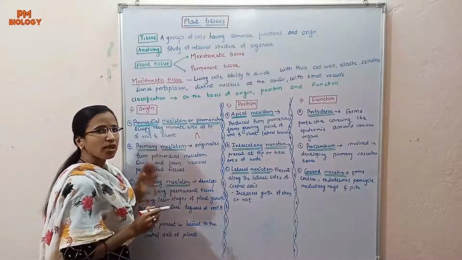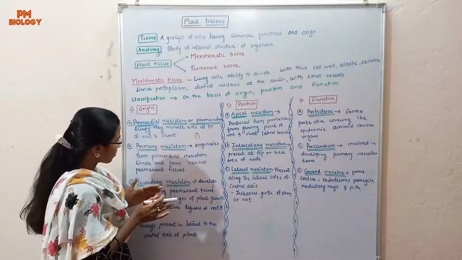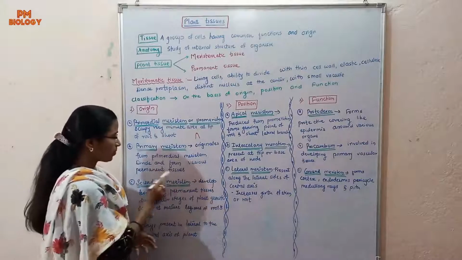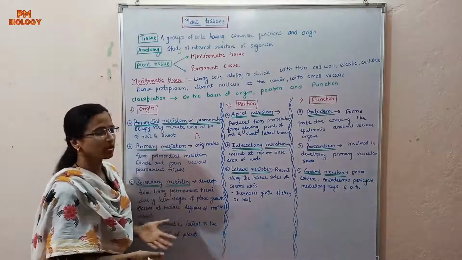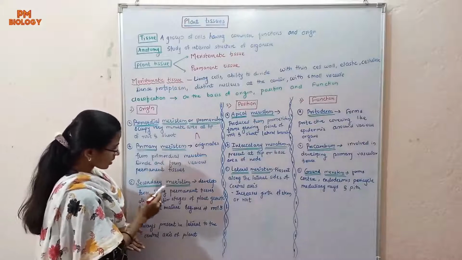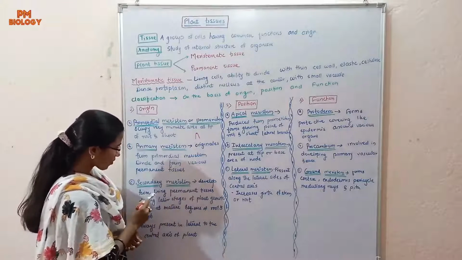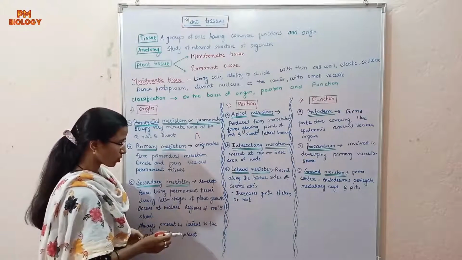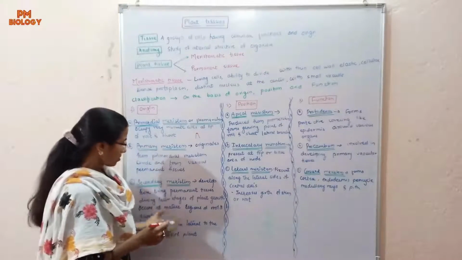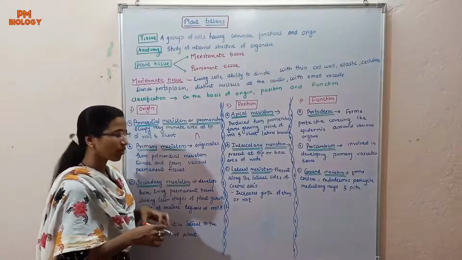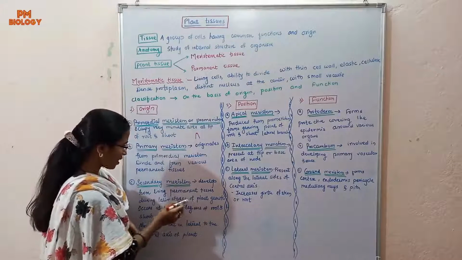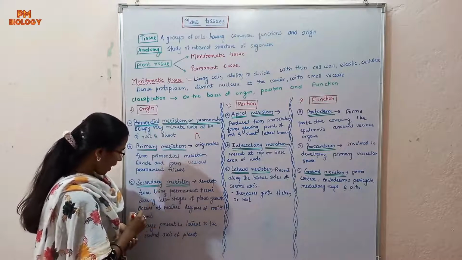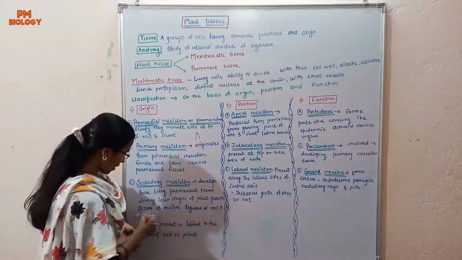So primordial meristem or promeristem are present at the tip of the root and shoot. Primary meristem are also originated from the primordial meristem, and when these primary meristem further divide, they will form various types of permanent tissues. Next to that, there is secondary meristem. They develop from living permanent tissues during later stages of plant growth, and they occur at mature regions of the root and shoot.